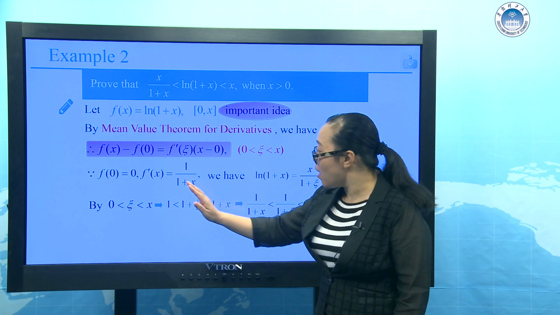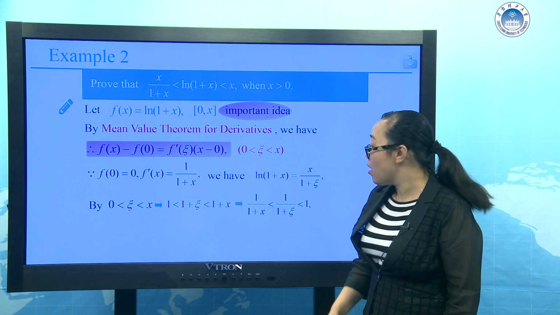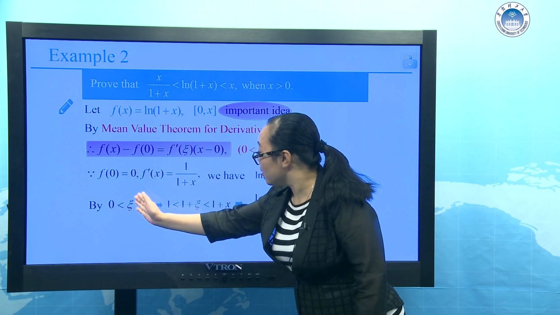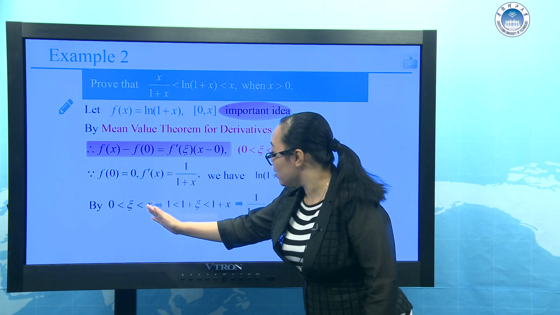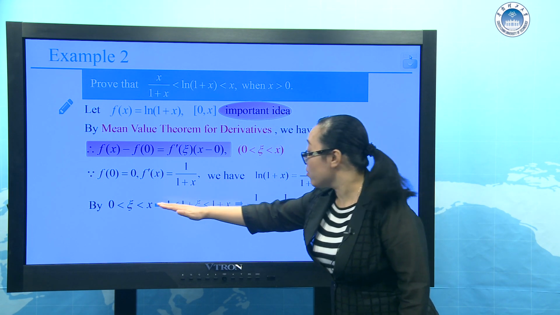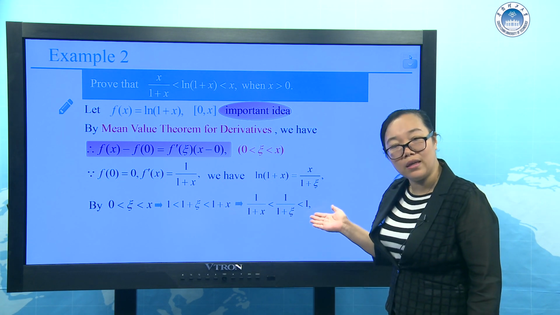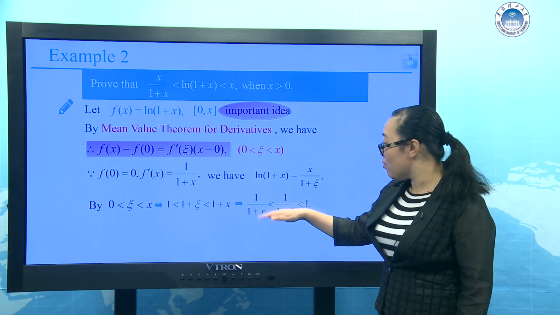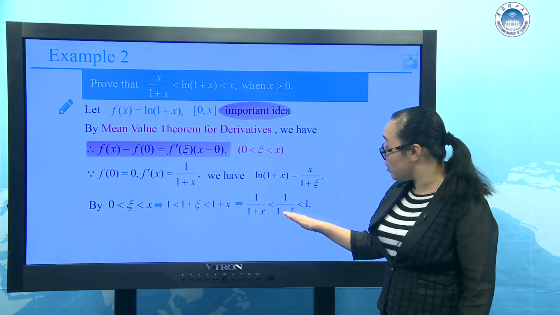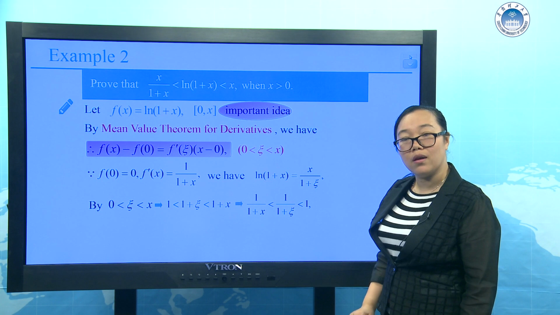In this question, x is a positive number. Adding 1 to 0 gives 1, adding 1 to c gives 1 plus c, adding 1 to x gives 1 plus x. Together we get positive numbers, and we can get this inequality: 1 over 1 plus x is less than 1 over 1 plus c, which is less than 1.